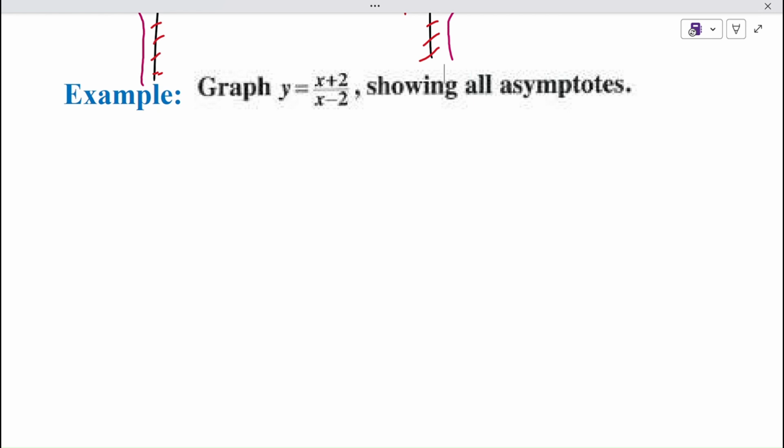So in this function, let's find out the vertical and horizontal asymptotes. At the first, you have to simplify, but this function is already simplified. Okay, so just set the denominator equal to 0. Then x is equal to 2. This is called vertical.